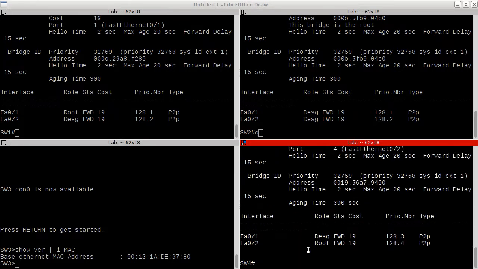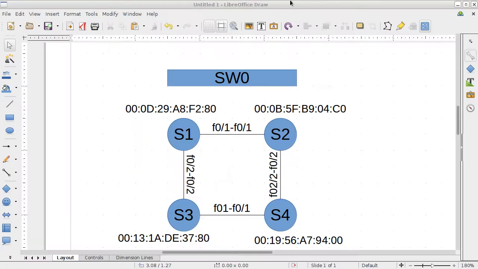And on this one, Fa0/2 is the root port to get back. So that would mean that these are the designated ports, these are root ports, and these were also considered designated ports as well.